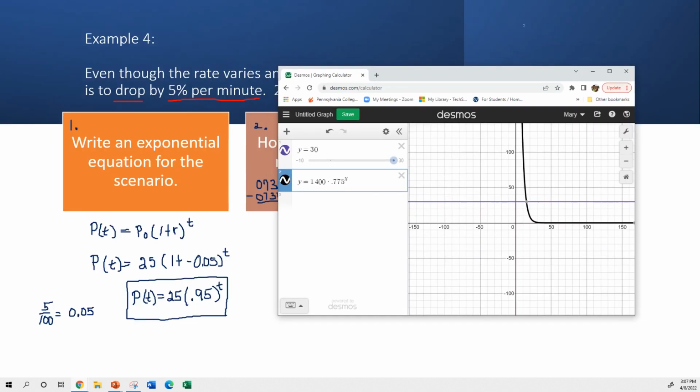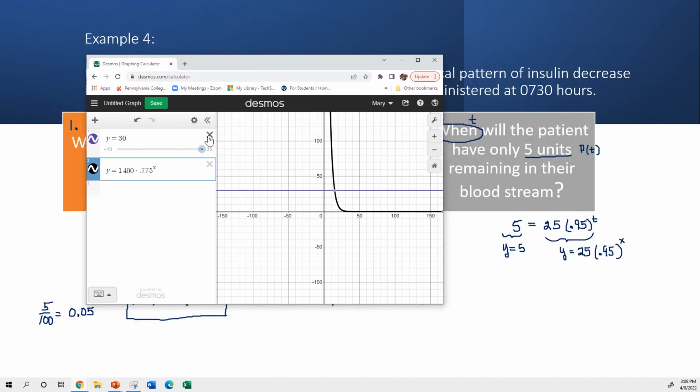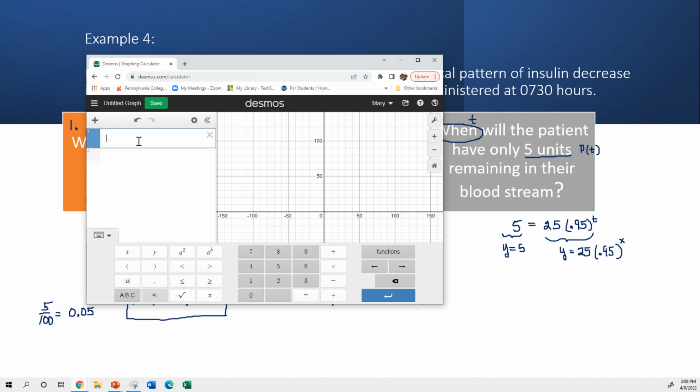So I pull in Desmos, and I want to clear out what I've had before and go ahead and type these in. So the first one is y equals 5. Second equation is 25 times 0.95 to the x power.